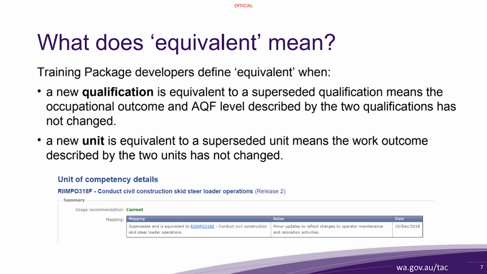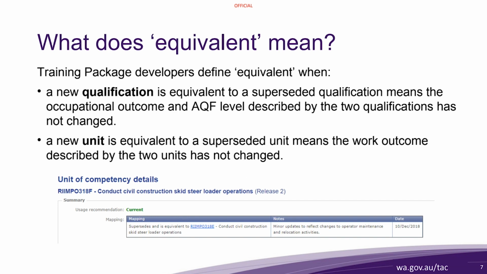So fundamentally, it's basically saying two qualifications will be equivalent if the work outcomes of the two qualifications are precisely the same. And that, of course, relates to the content made up of units of competency and the AQF level of the qualification itself.